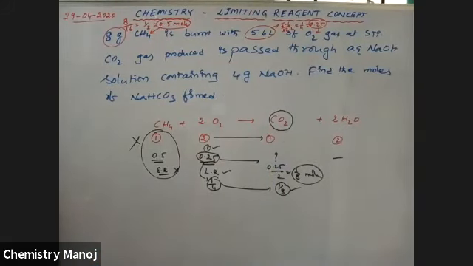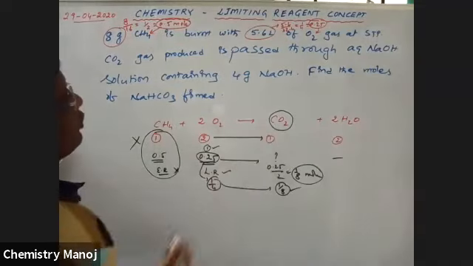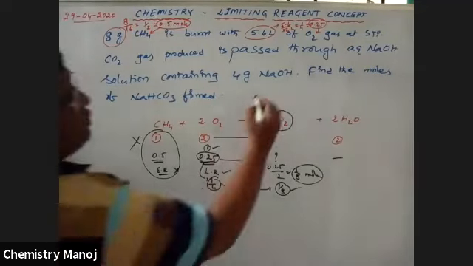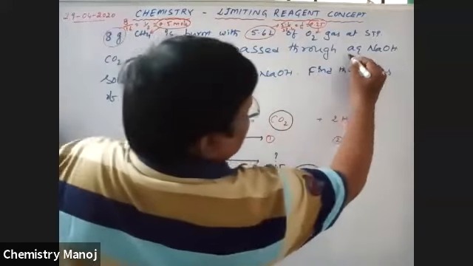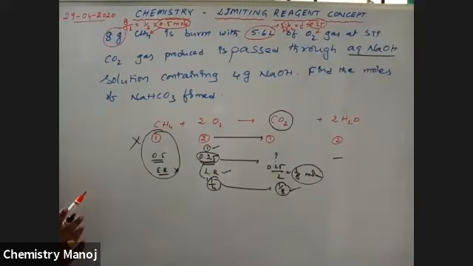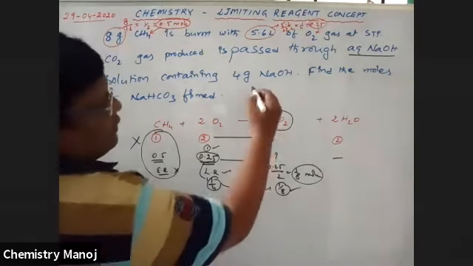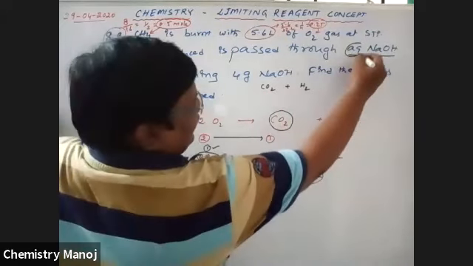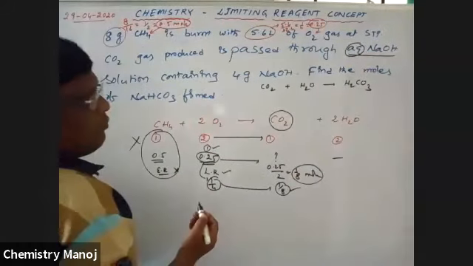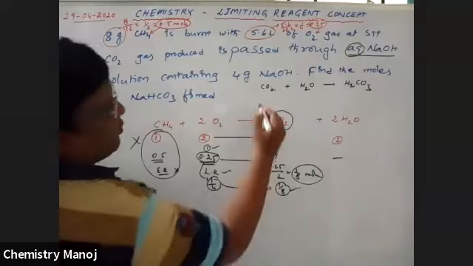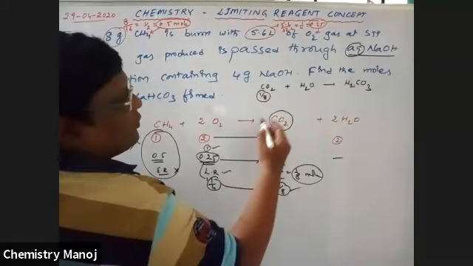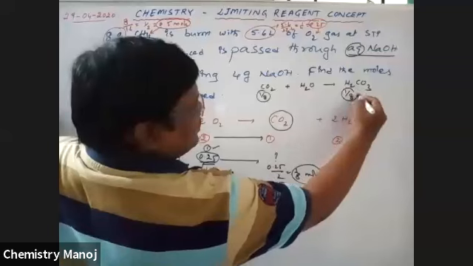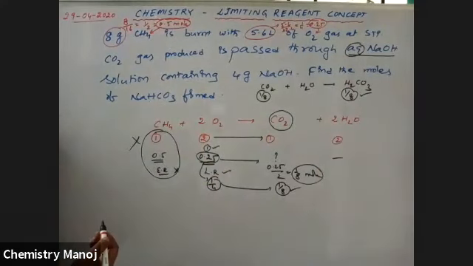Okay. Now this entire CO2 is passed into aqueous NaOH solution. That means CO2 is dissolved in aqueous, means water, giving H2CO3. Here 1 by 8 moles CO2 is formed, so 1 by 8 moles H2CO3 is formed.